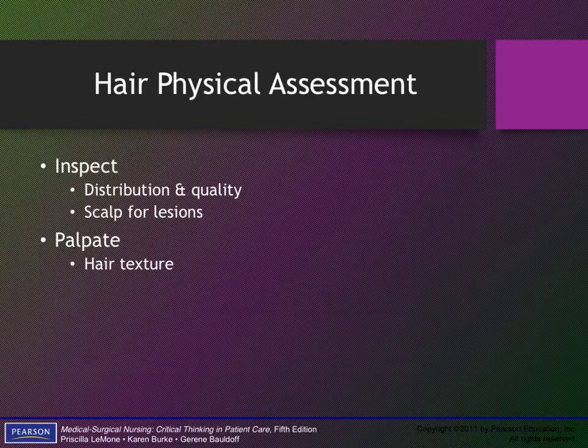The other thing is you're going to palpate, and that's where you're going to get that texture. You're also going to look for any kind of scalp lesions, and you'll also make note: is it red? Is there an excessive amount of dandruff?